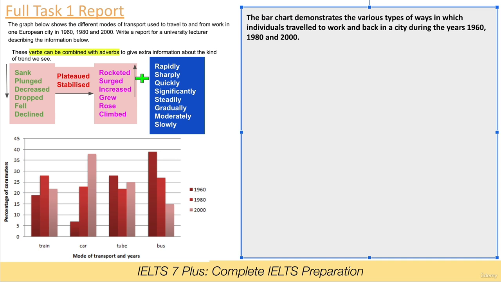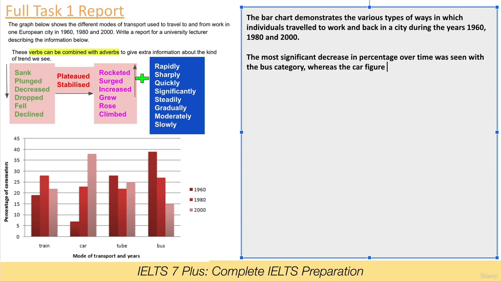So now we can go into our overview. So we could talk about the most significant decrease in percentage over time was seen with buses, with the bus category, whereas the car group or the car figure dramatically increased.